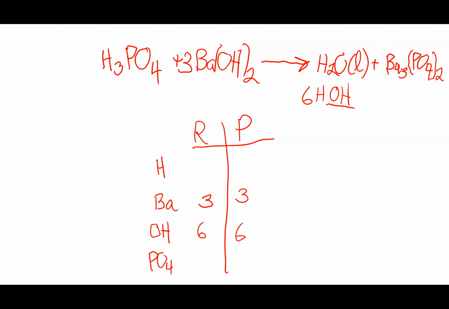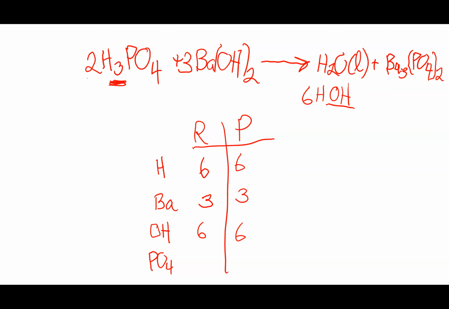Well, by doing so, I also made 6 hydrogen ions, which means I need to have 6 hydrogen ions on the left-hand side. Well, going back to the reactants, we can see hydrogen comes in sets of 3 here. So to get to 6, I need to multiply this by 2, and now I have 6 hydrogens.